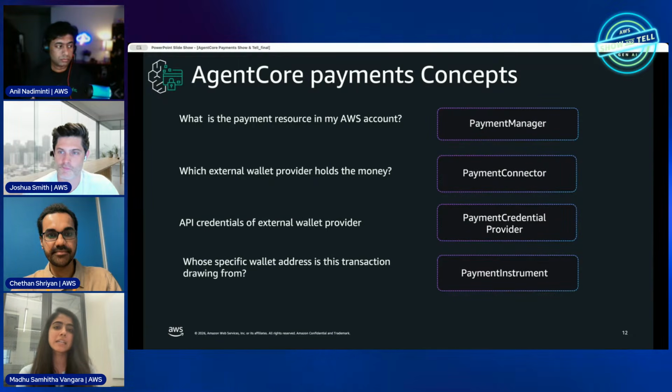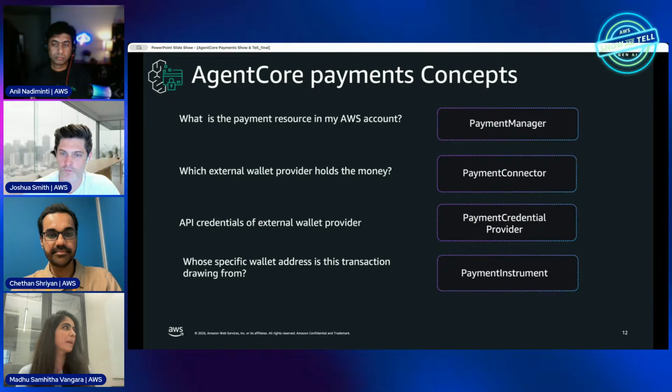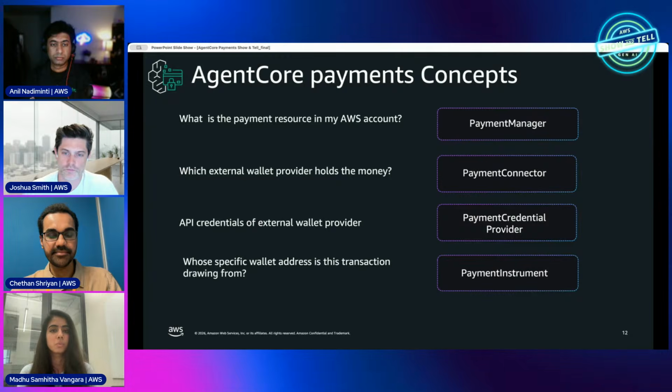So a payment connector belongs to exactly one payment manager, and a single payment manager can have multiple payment connectors, which is what AgentCore Payments was built with, to be wallet agnostic. You can choose to swap in and swap out your wallets for your different workloads based on your use cases.